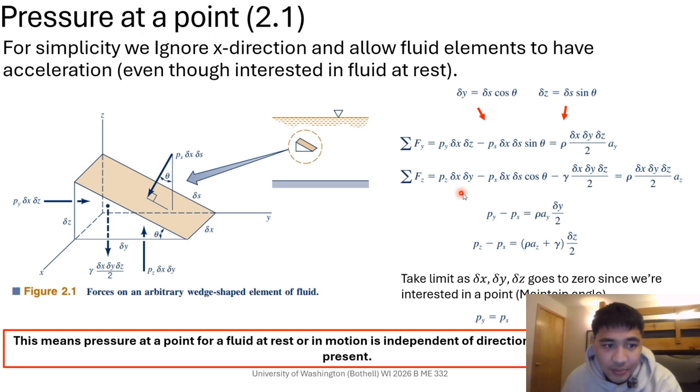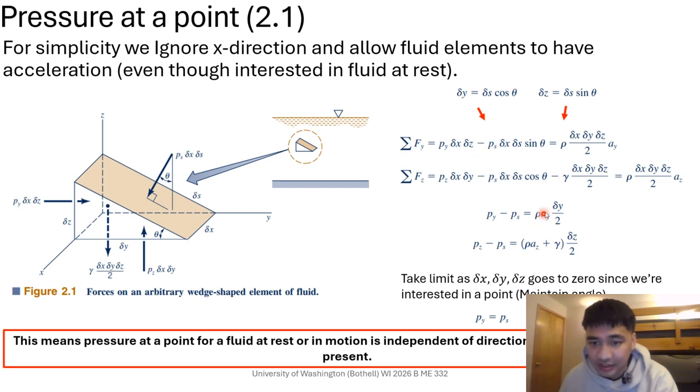We have your P_z, which is going upwards, and then we have our P_s, which is going downwards, and then we have the specific weight of our fluid element. And then it equals the same on the right-hand side that was previously explained, but this time in the z direction. Now you can substitute this delta y and delta z into these 2 equations, wherever you see them.